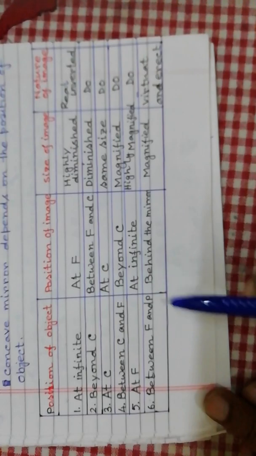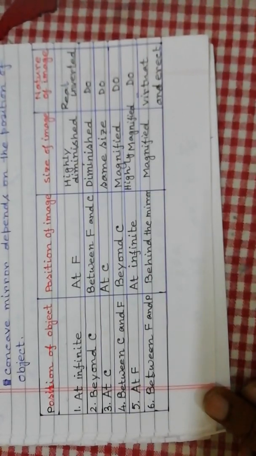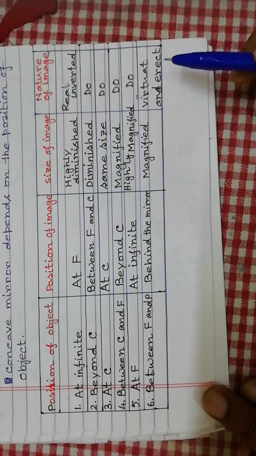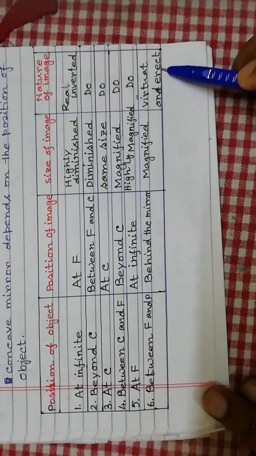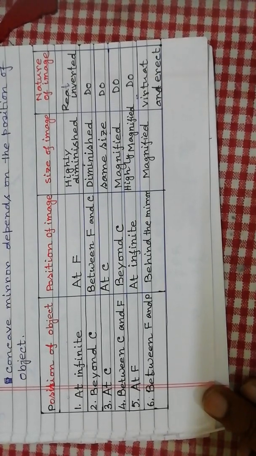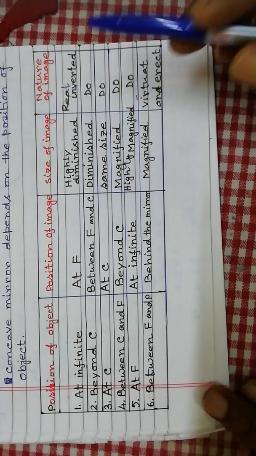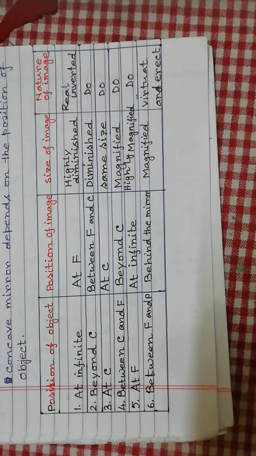So in the last case, when the object is placed within the focal length, the concave mirror produces a virtual, magnified and erect image. In all other cases, it forms a real and inverted image. So a concave mirror can produce both types of image, real and virtual.